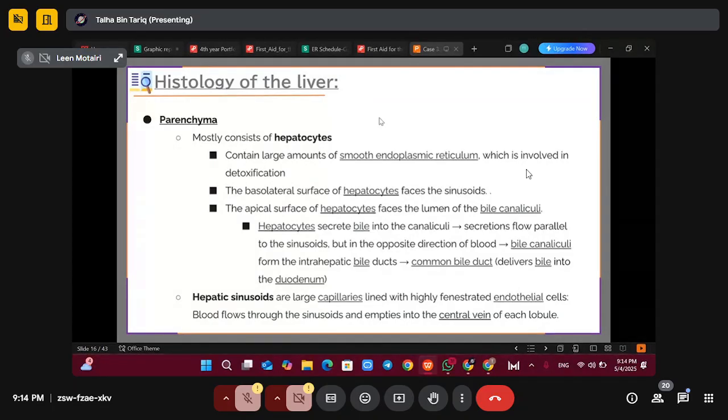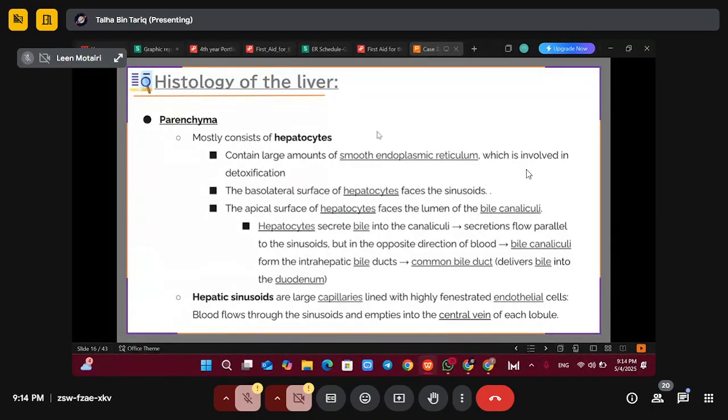Now you have two surfaces of the hepatocytes. You have the basolateral surface and you have the apical surface. Now you need to understand which side is which, okay? So that you can correlate with the function which is being carried out on each side. Now the basolateral surface of the hepatocyte is the side which is facing the sinusoids. Sinusoids are the fenestrated capillaries, right?